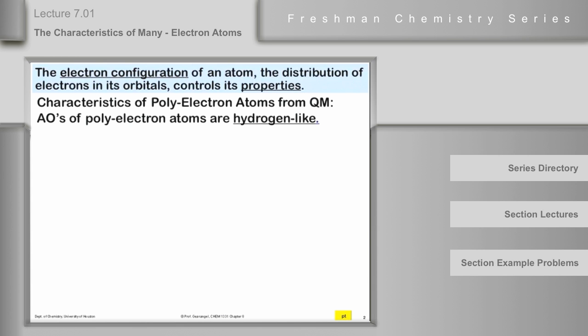Okay? So all of the atomic orbitals, AOs, the AOs for the polyelectron atoms are hydrogen-like. And the only difference in there is in the magnitude of the atomic number that's used.